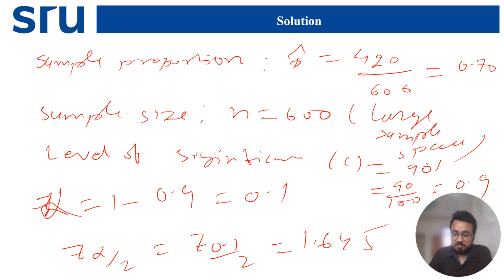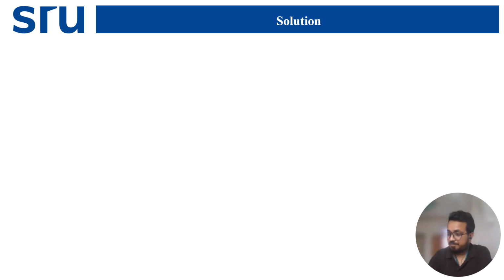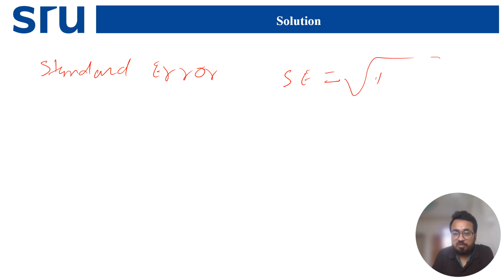Okay, so now we will apply the formula as we have discussed for the large sample whenever standard deviation sigma is not given. First we will find the standard error. SE equals the square root of p cap into 1 minus p cap by n.